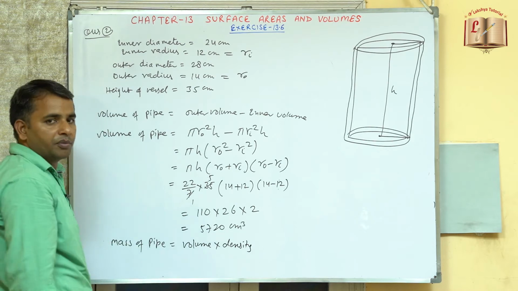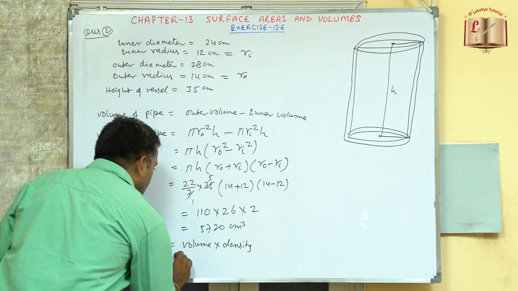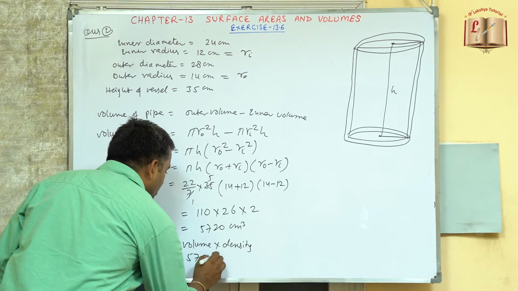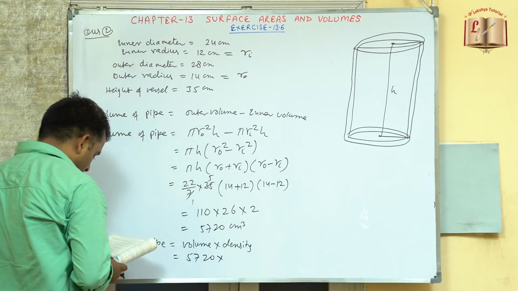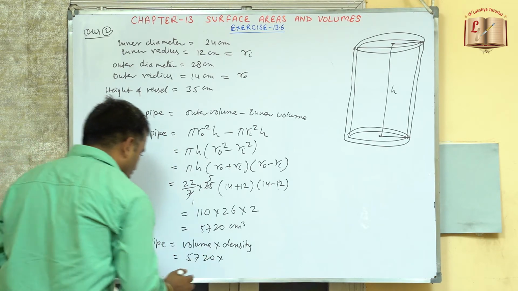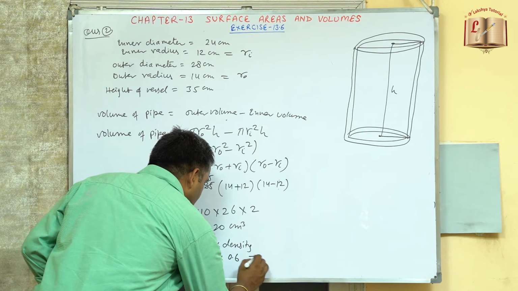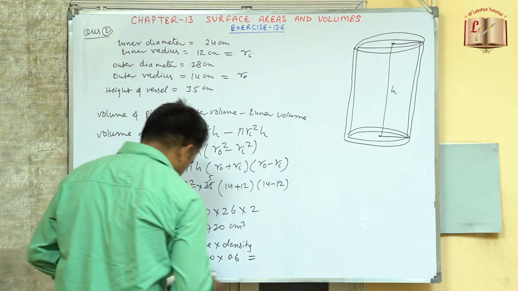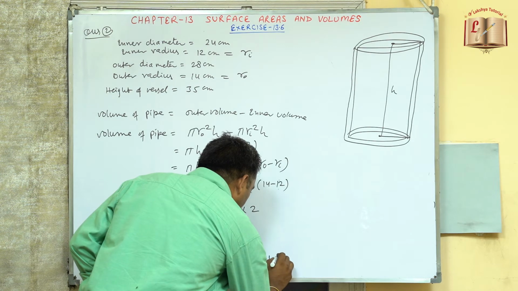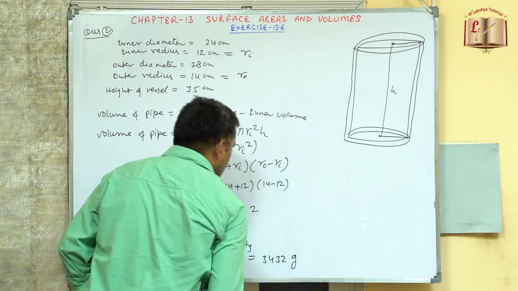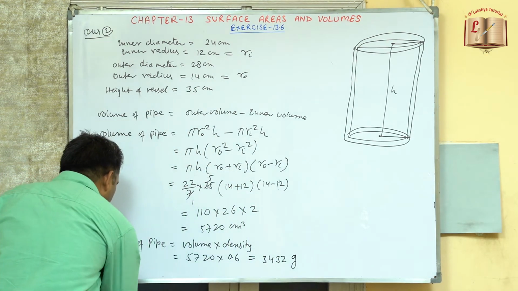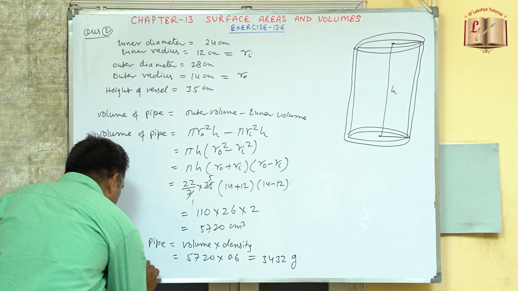Density means per centimeter cube में कितना मास दिया हुआ. So this is now 5720 into 1 centimeter cube का मास कितना दिया हुआ है. This is 0.6. So into 0.6 we got this as 3432 grams.